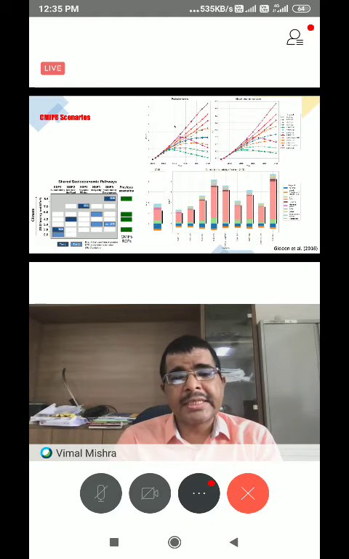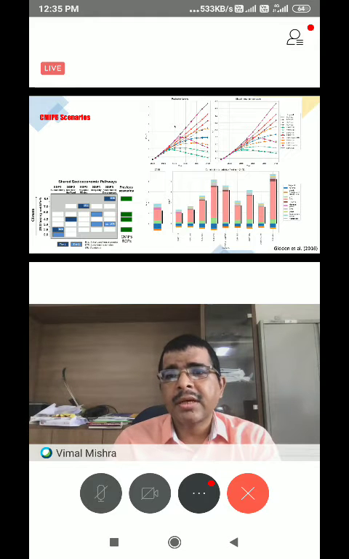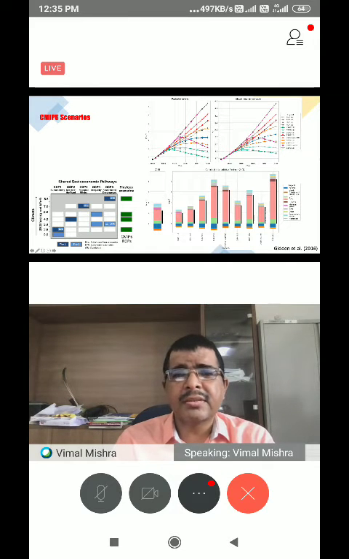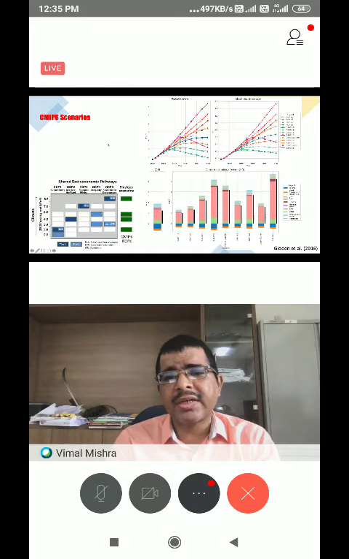So CMIP 6 is basically there now. We are going to have the CMIP 6 projections very soon, right? And what this slide tells us is what the different scenarios are and what they mean in terms of projections. Now, why do we want projections?